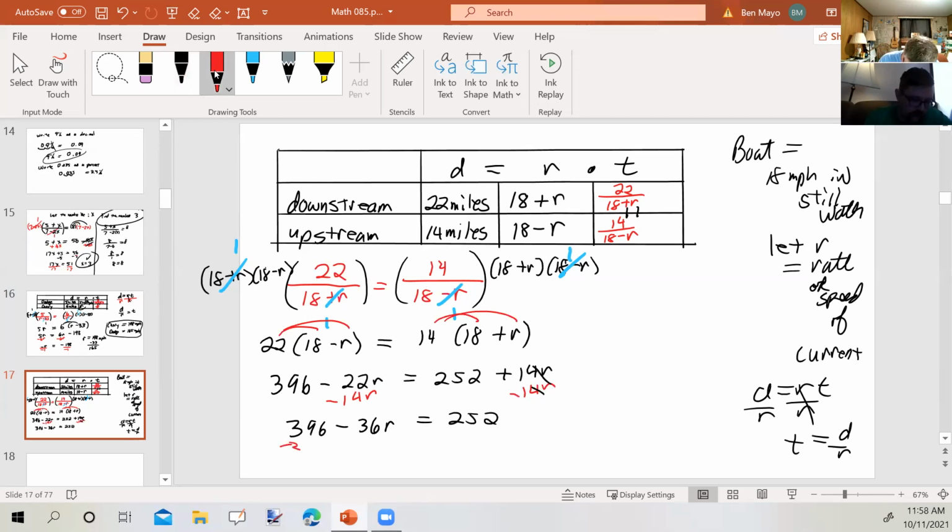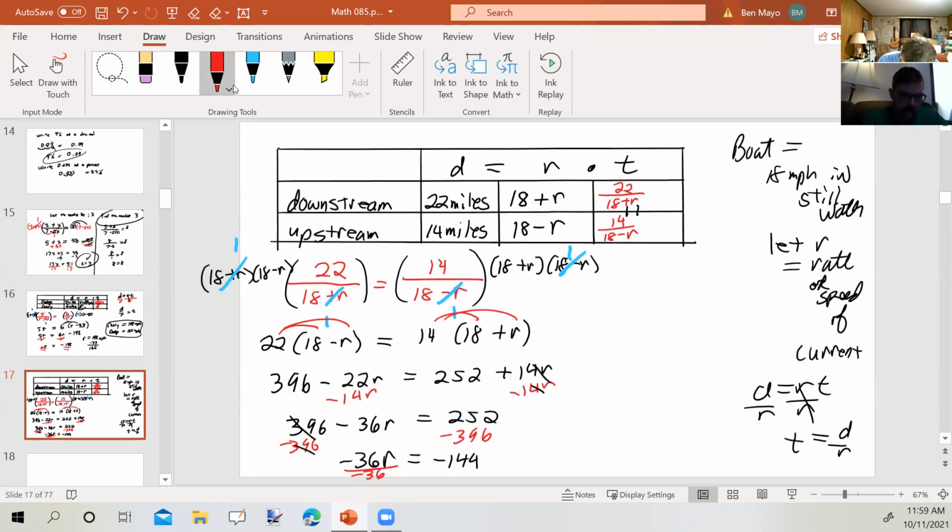Then I'm going to subtract 396 from both sides of the equation. I get negative 36R equals 252 minus 396, which is negative 144. If we divide both sides by negative 36, R equals 4.